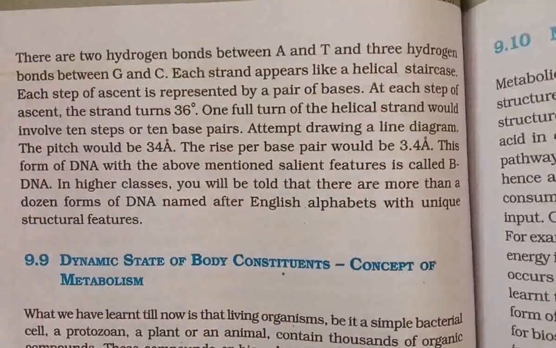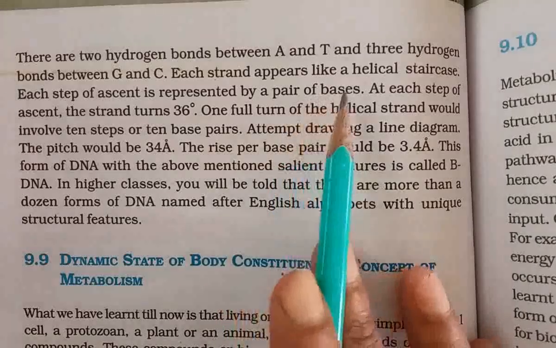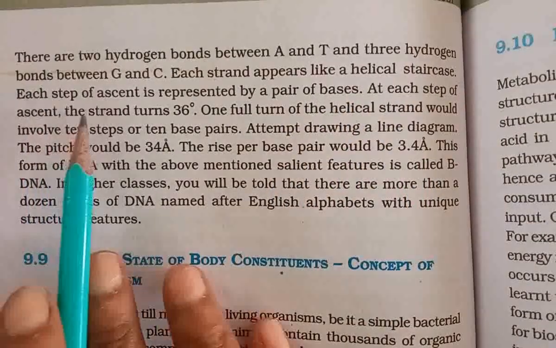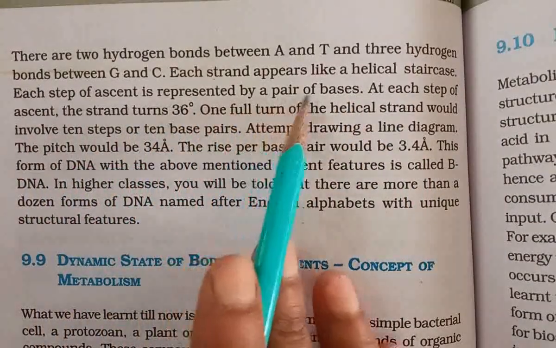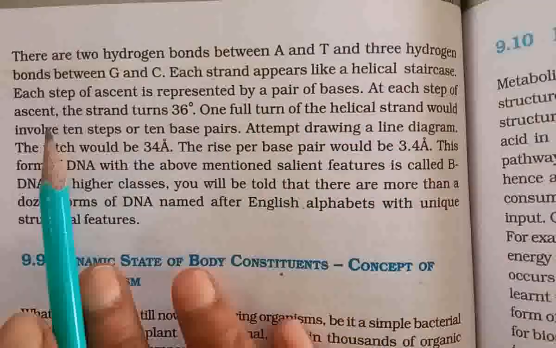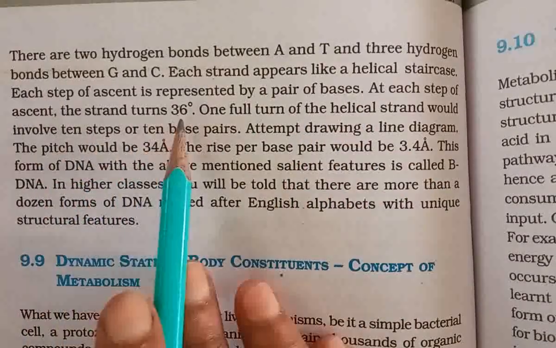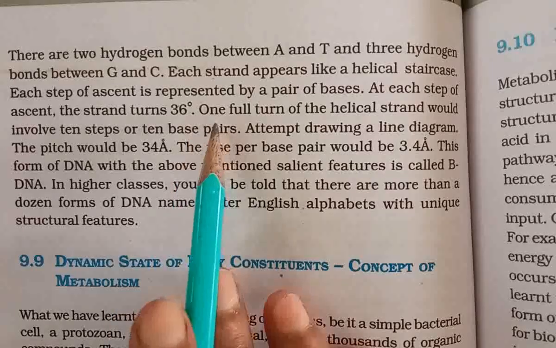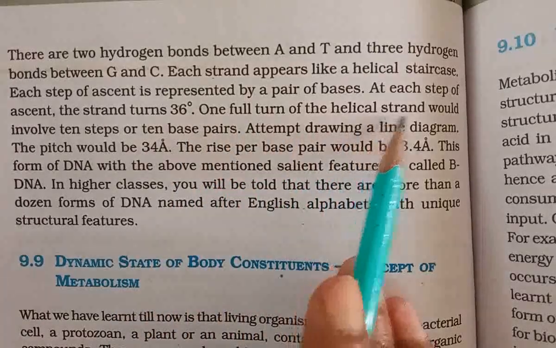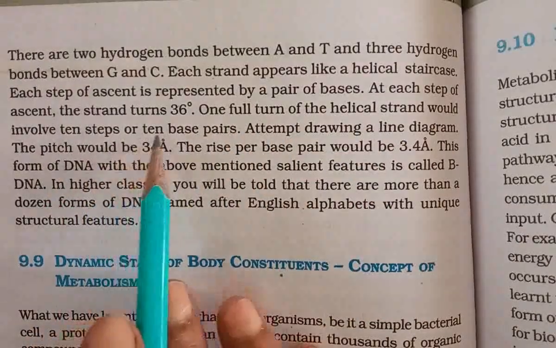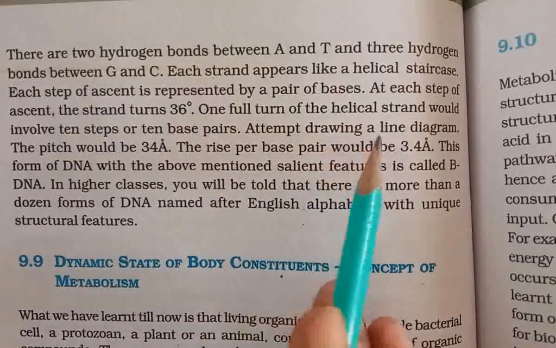C and G. Each strand appears like a helical staircase. Each step of the ascent is represented by a pair of bases. At each step of the ascent, the strand turns 36 degrees. One full turn of the helical strand would involve 10 steps or 10 base pairs. Attempt drawing a line diagram.